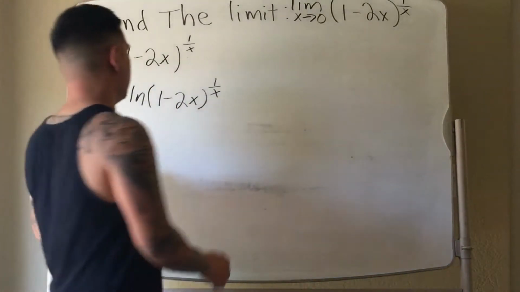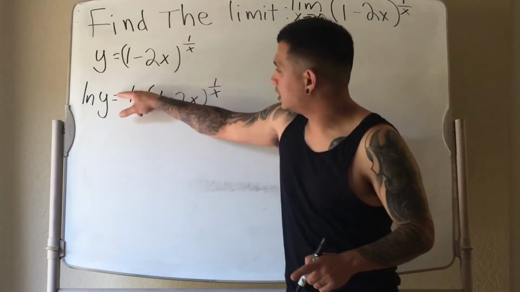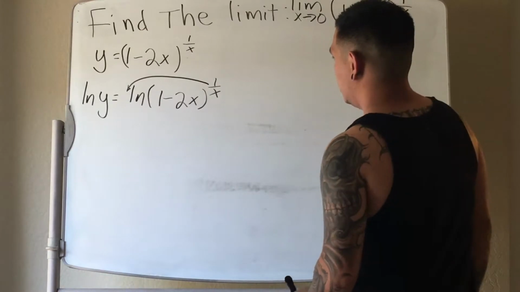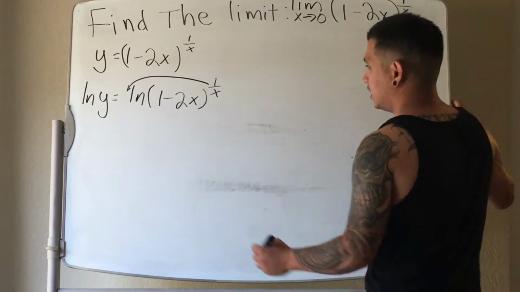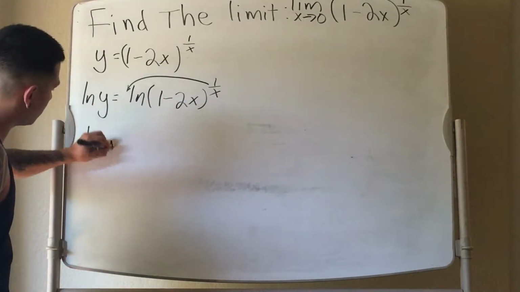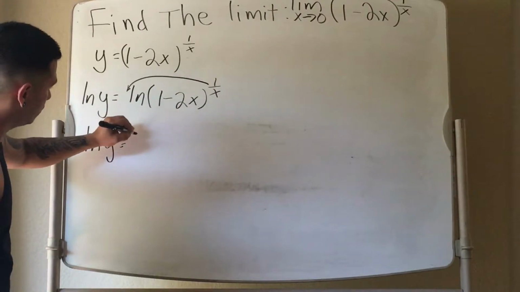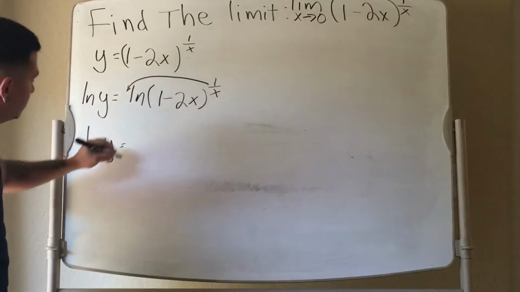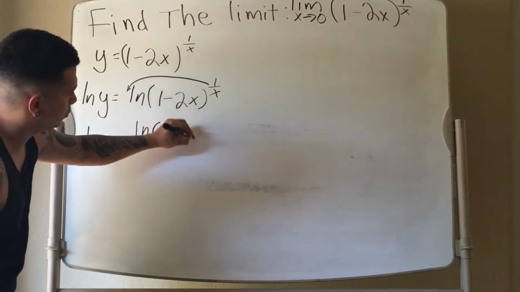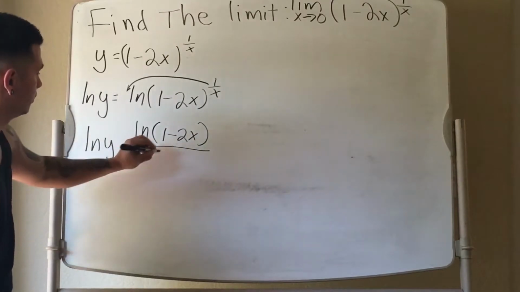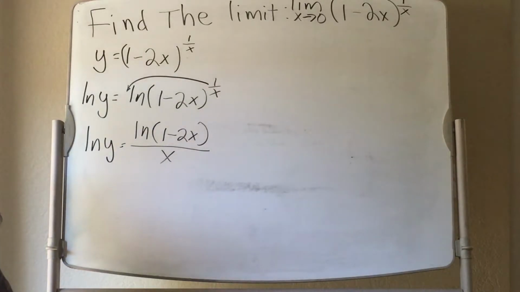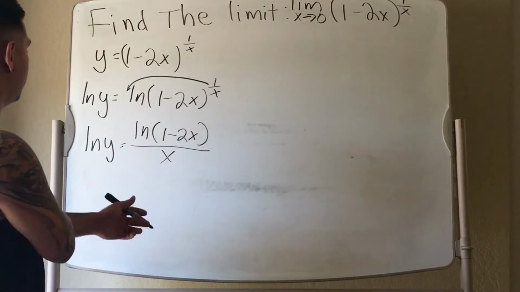Now that we have it ln, we can move this exponent over here and rewrite it. ln y is equal to 1 over x times ln(1 minus 2x), which is the same thing as ln(1 minus 2x) over x. Now, we're finding the limit, right? We need to find the limit.